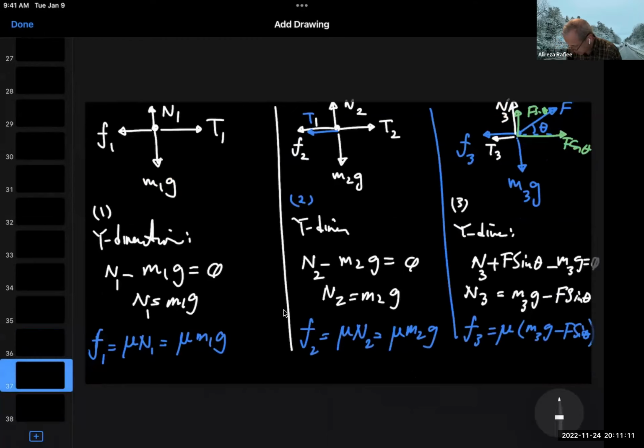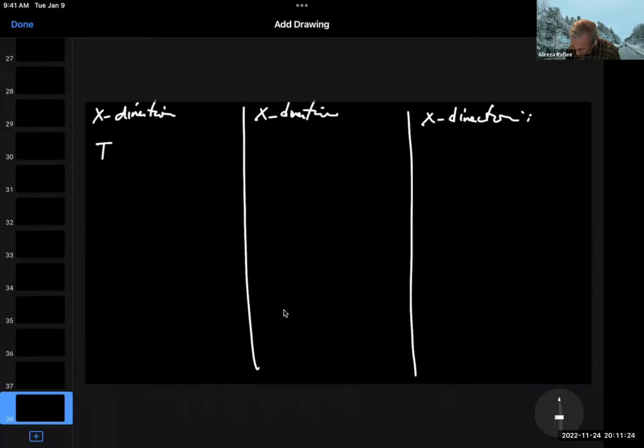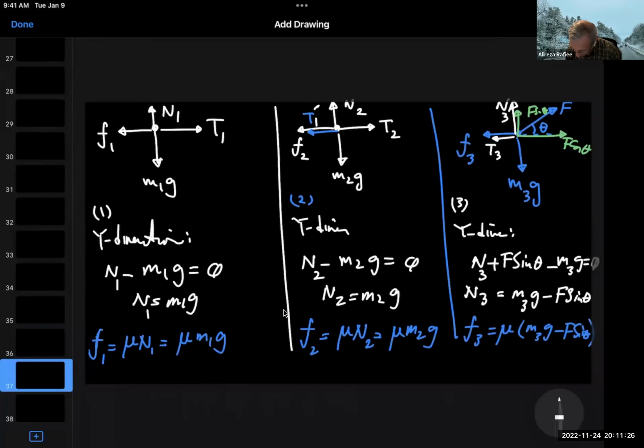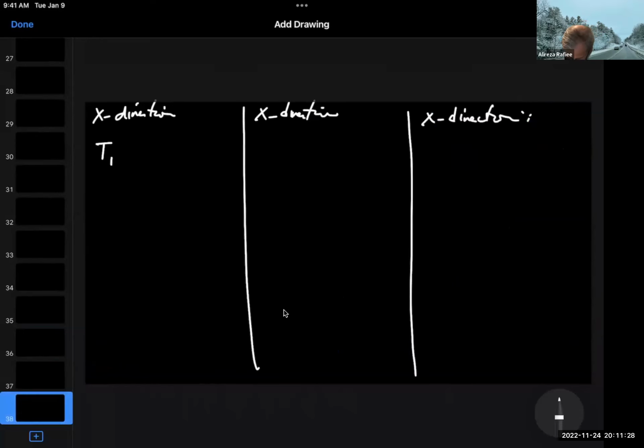Technically, we can find how much that is. This one I don't know, so let's just call it T prime 1, and then we will find if T prime 1 should be equal to T1. Here I have T1 minus f1 is equal to m1 times a1.